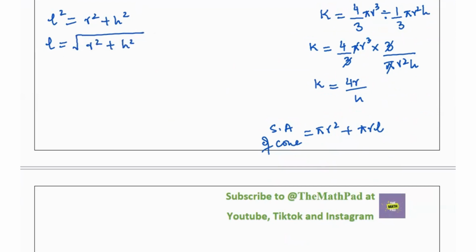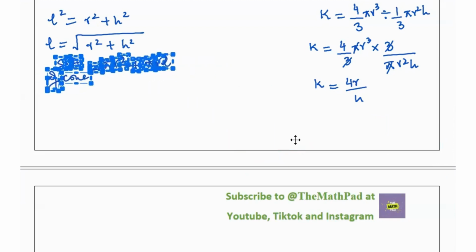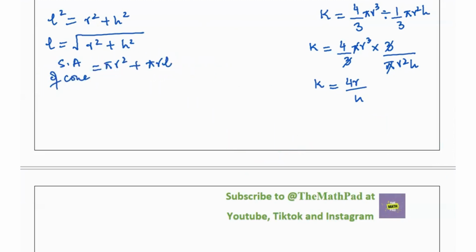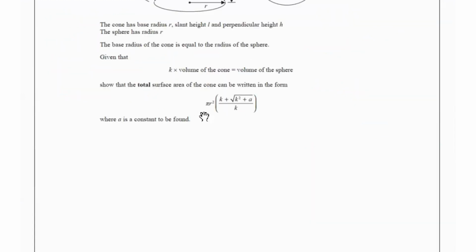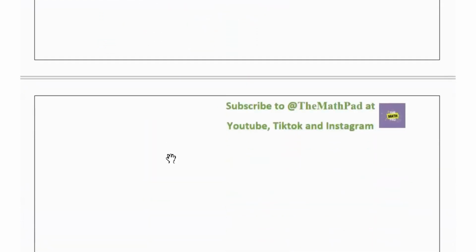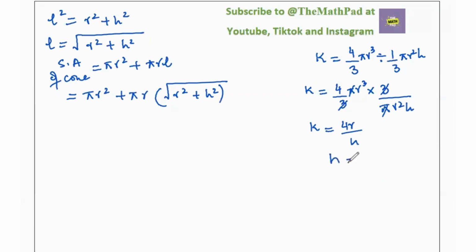So now if we take the surface area of the cone, pi r squared plus pi r times the square root of r squared plus h squared. We have r squared in the equation. We need to get rid of h. So h equals 4r over k. This is what we will substitute over here.